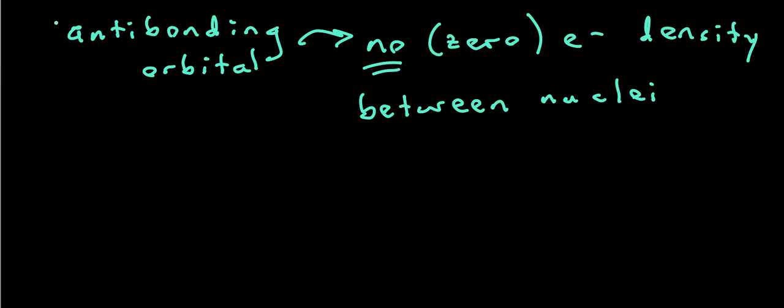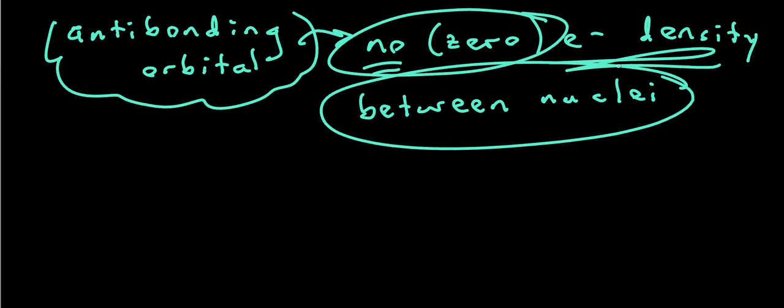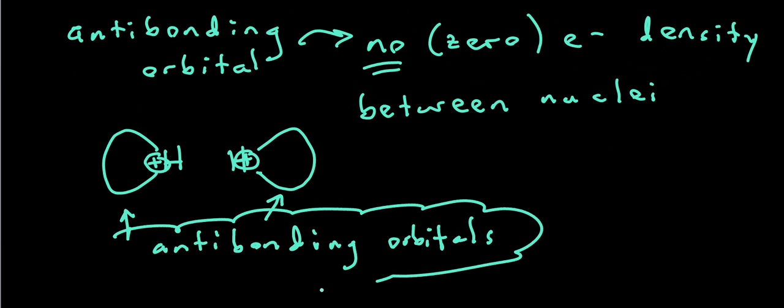Now, in contrast to a bonding orbital, when we have an anti-bonding orbital, there's actually zero electron density between the two bonding nuclei. In our depiction of this, the anti-bonding orbitals actually face away from the bonding atoms.